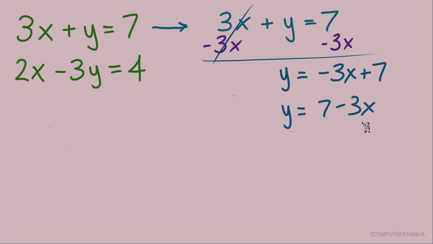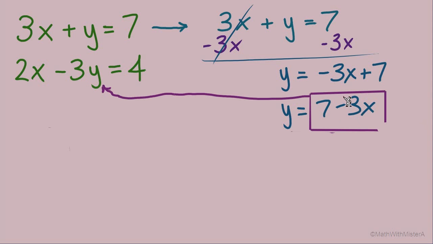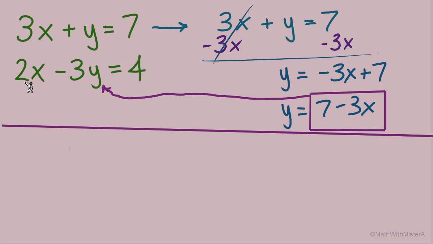So now let's recollect ourselves and see we do have an equation that is solved for y, and we'll need to take this expression and substitute it in place of y into our other equation. So we're needing to substitute it into the y right there. And let's make some space and carefully recopy 2x minus 3 times, in place of y, I'll go ahead and use the 7 minus 3x, equals 4.